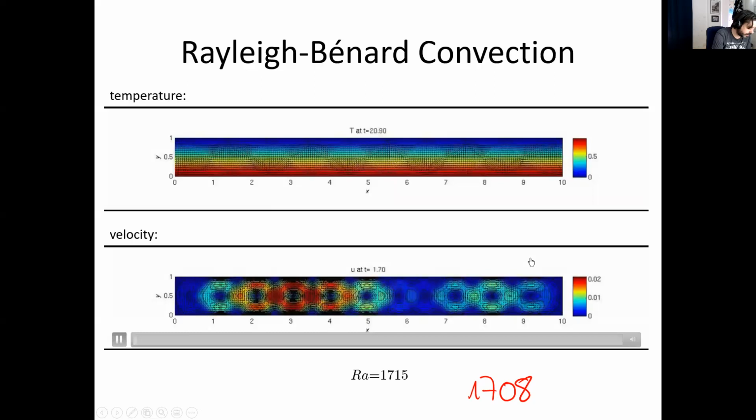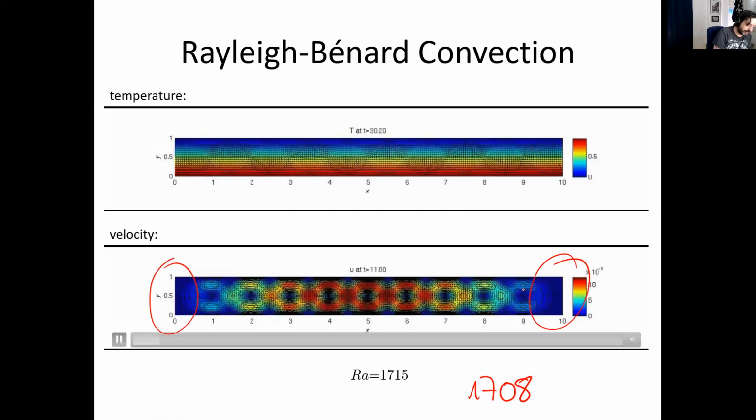Same thing in the velocity. You see it takes a long time until it develops. You see clearly that there are some effects of the sidewalls, but then in the middle we are somewhat homogeneous or fully developed in X. But after a long time, you see that the velocity amplitude seems to be stationary or even grow a little bit.